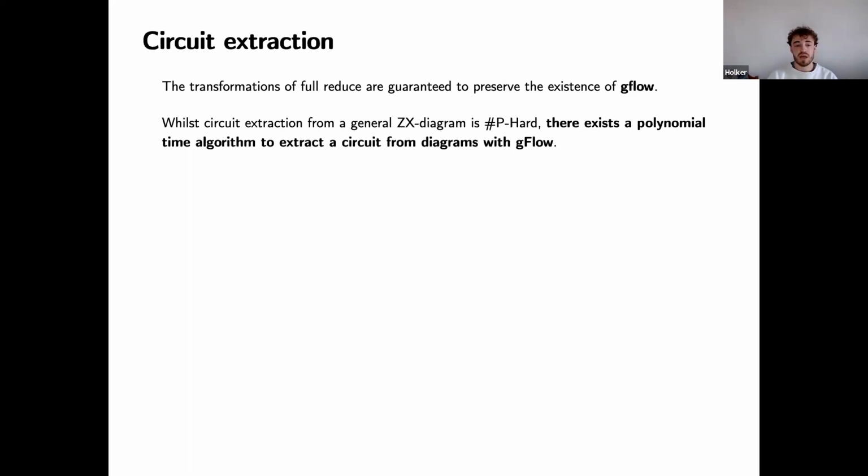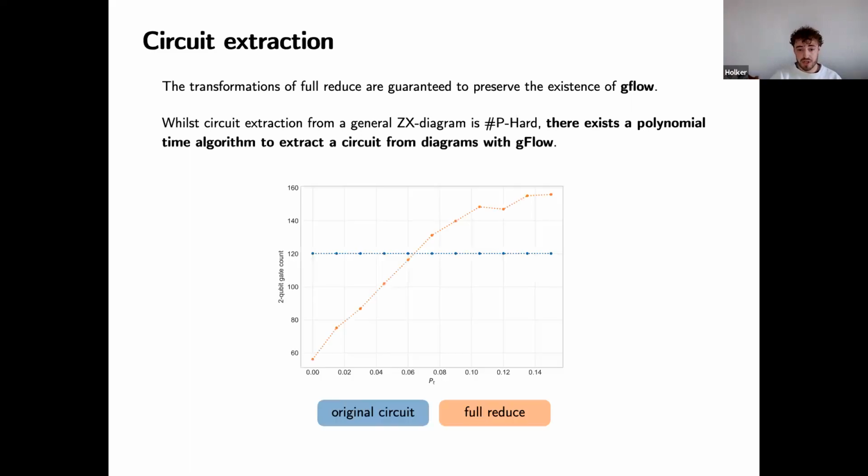Whilst circuit extraction from general ZX diagrams has been shown to be P-hard, there exists a polynomial time algorithm to extract circuits from diagrams with G-flow. So this means that when you reduce the diagram down using the previous rules into reduced gadget form, you can then extract a circuit.